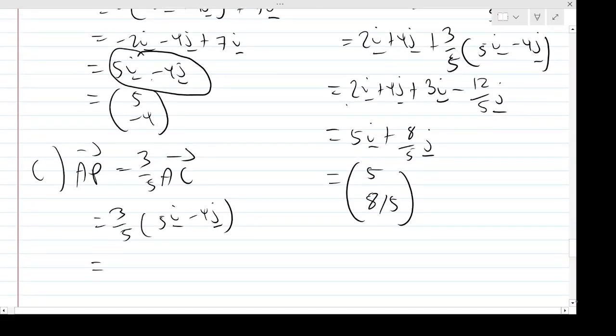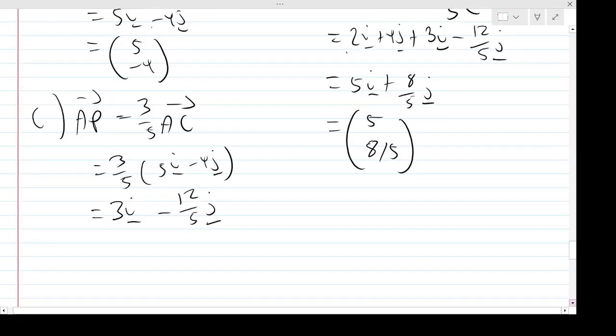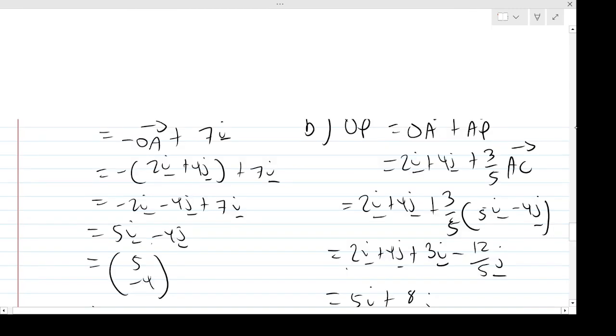So 3/5 times 5, that'd be 3i. And then minus 4j, that would be 3/5 times minus 4, which would be minus 12/5 j. So as a column form, that'd be 3, minus 12/5. And there's my answer.